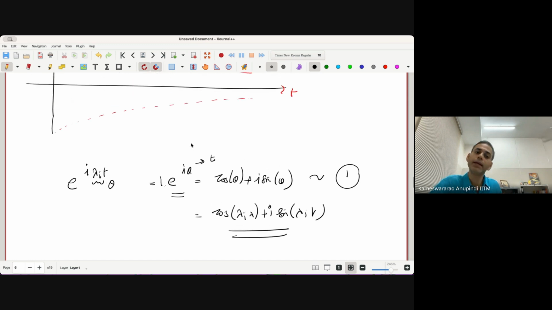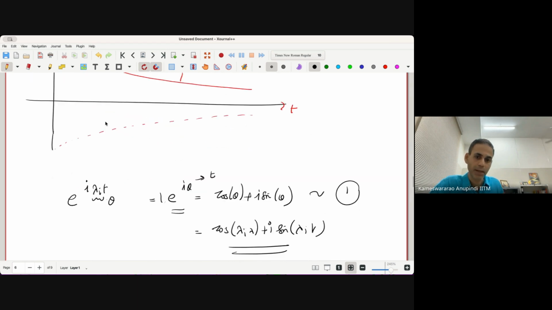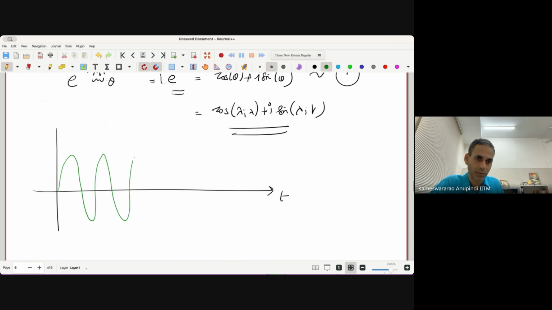If I'm only plotting e to the power i lambda_i t against time, it's going to look like some solution like this.